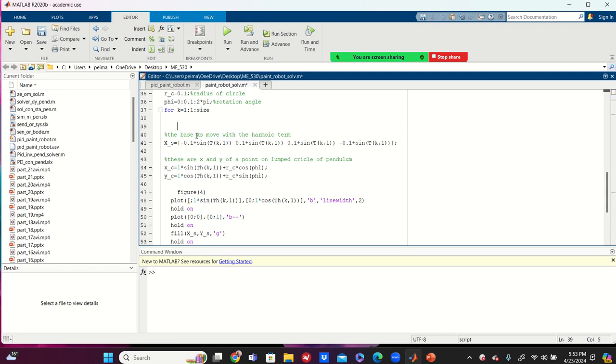But to define this as base motion, instead of doing this, base motion is this. So I'm gonna add here BM, base motion.